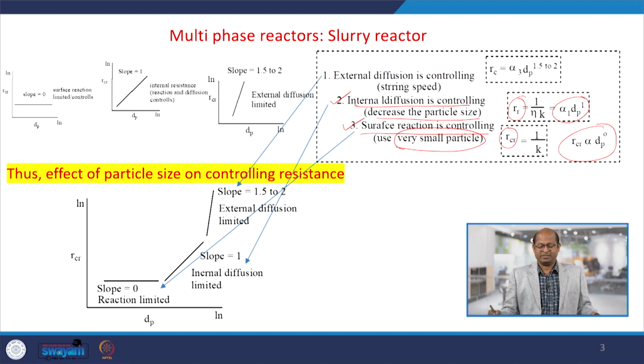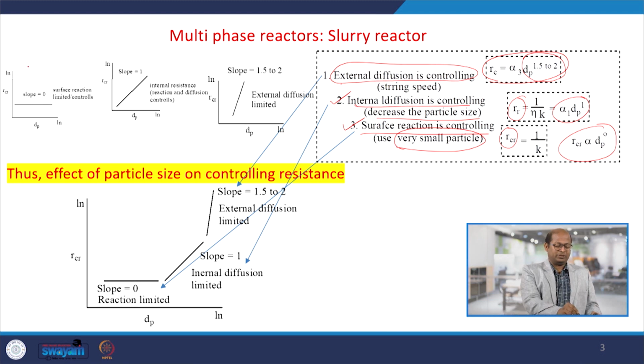And if the resistance RC is proportional to dp to the power of 1.5 to 2, then external diffusion is controlling, and we have to increase the speed of the stirrer used in the slurry reactor. By that way we can eliminate the external diffusion resistance.